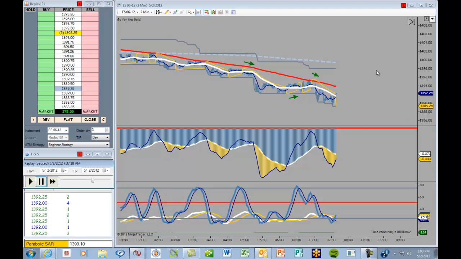All right, now look what we got going on here. Stochastic is curving up. The MACD is curving up. We've still got a little ways to go before we get across. But look at the divergence. This is very common between wave 3 and wave 5. 5 goes to a new low on the price, but we don't see it on the MACD.